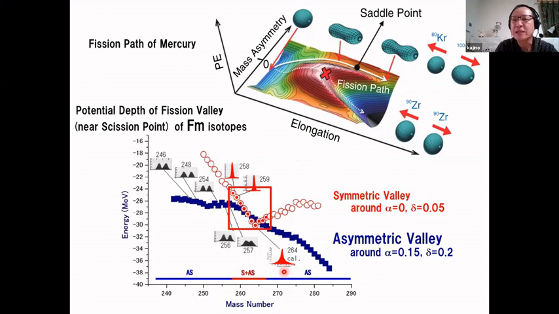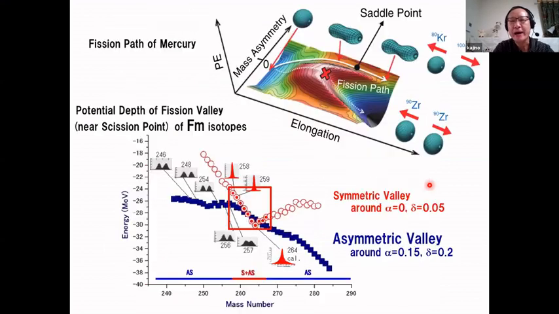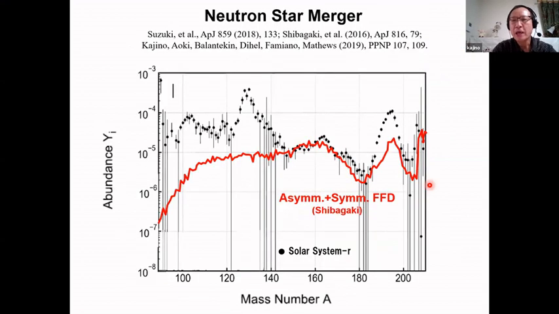So we have extended this kind of formula towards very neutron-rich nuclei, and this is the final calculated result of the neutron star merger process. If we take the nuclear mass model and the fission models, including asymmetric, symmetric, or many fragment distributions, as suggested by the mass formula itself, this is the result of fission recycling.